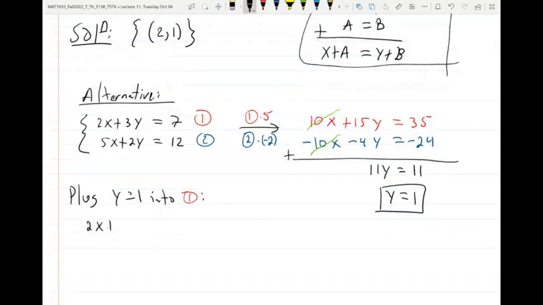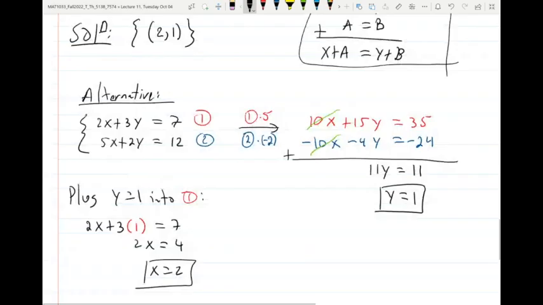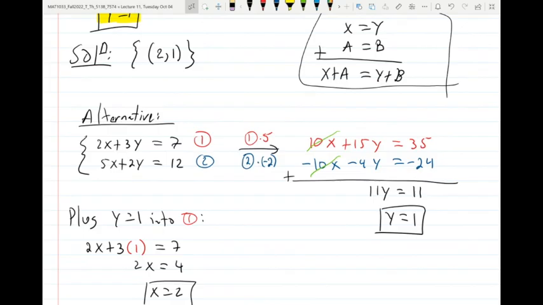So we get 2x plus 3 times 1 equals 7. And then finish solving. So we get that 2x is going to be equal to 4. Let's subtract 3. So x is 2. And then, of course, we get the same solution as before, right? The point (2, 1).